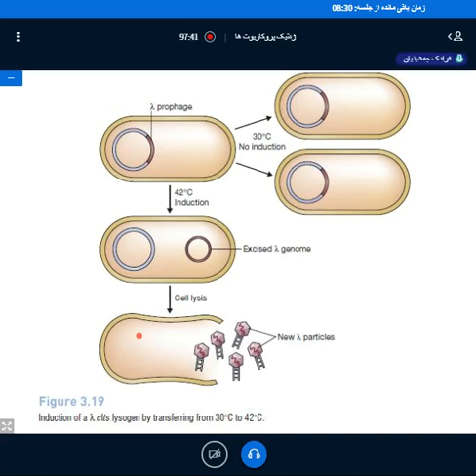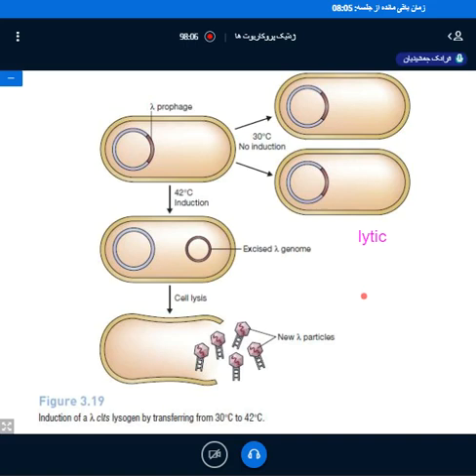Ali, I don't understand what you write. Lytic or lysogeny? Lytic phase. Thank you, Ali.